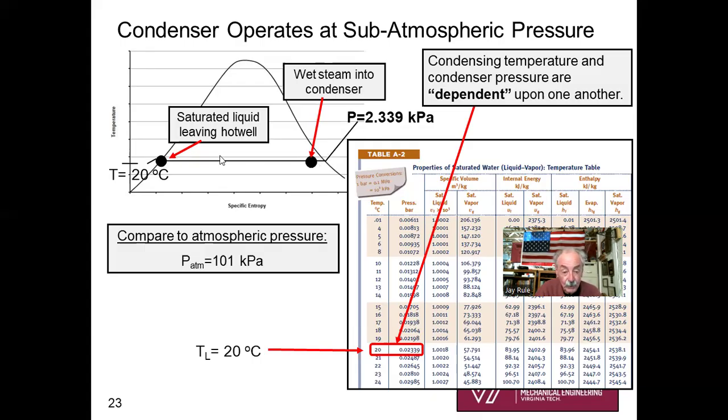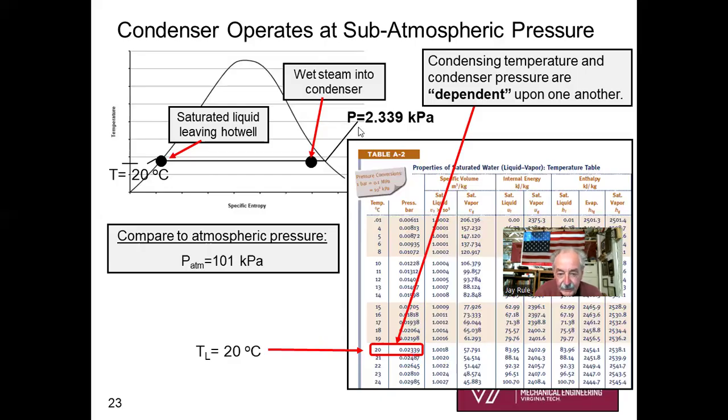If we know the temperature of our fluid at which it's condensing, can we figure out the pressure? I'd say yes, we can. We go to the temperature table, go to 20 degrees C and look up the pressure: 0.0233 bar.